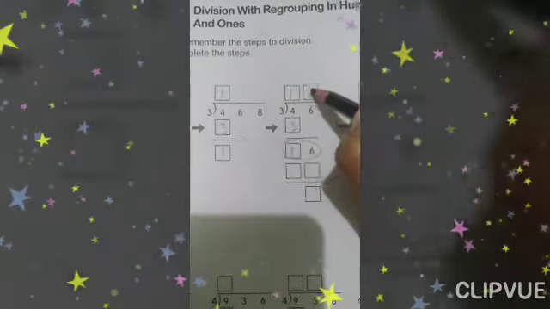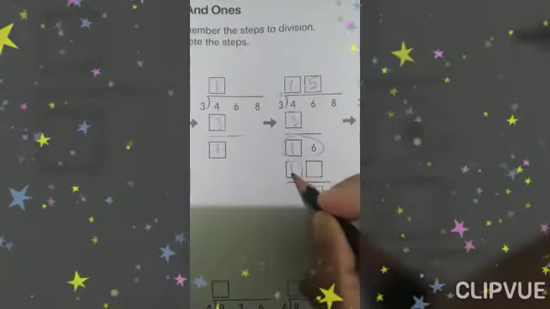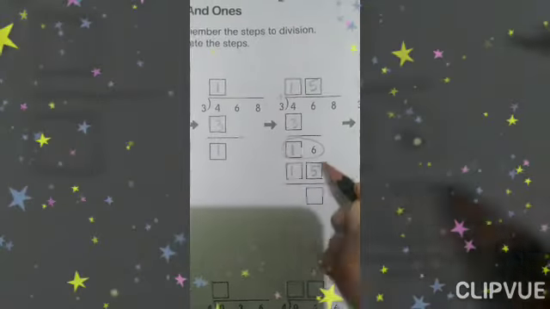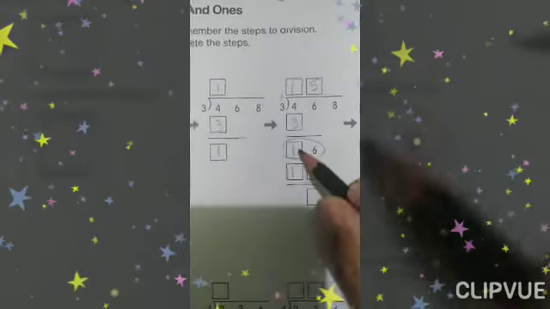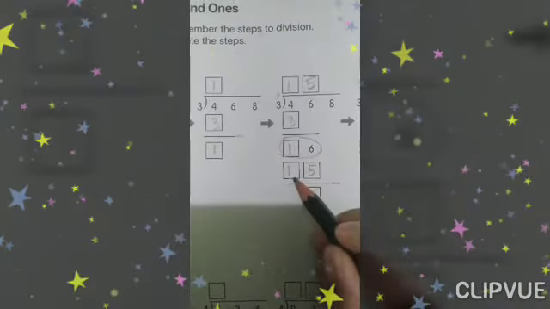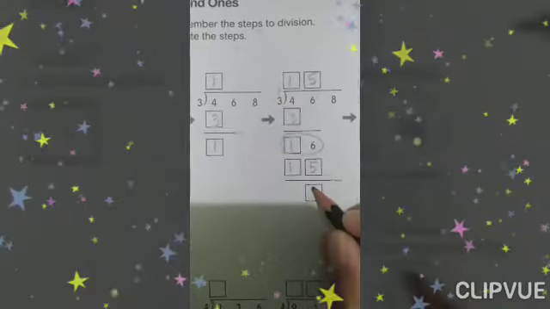We check. 3 times 5 equals 15. Next, subtract this. 16 minus 15 equals 1.